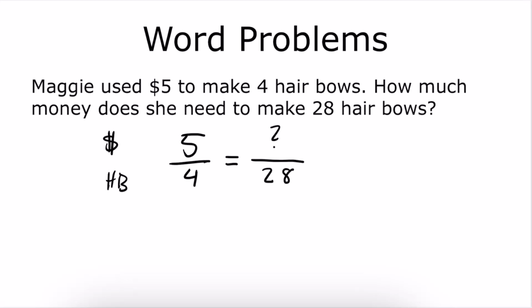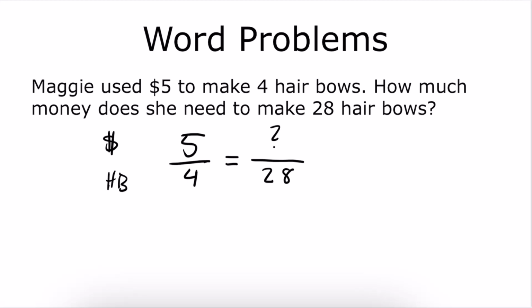So in this case, because we know that these two ratios are equivalent, we just need to find out what that question mark is using our skills of finding equivalent ratios. So remember, equivalent ratios have a multiplicative relationship between each other.